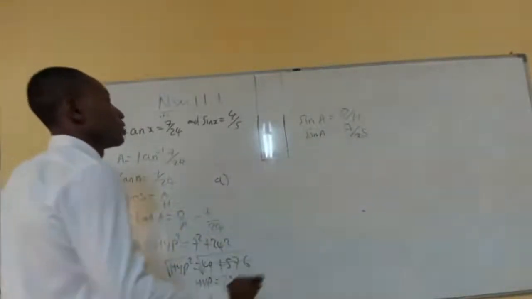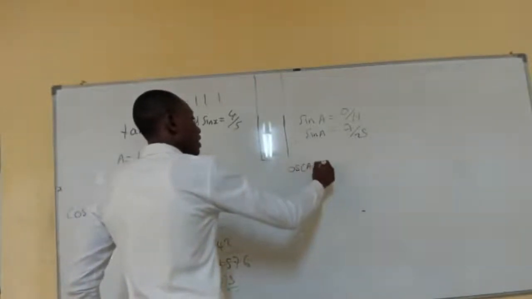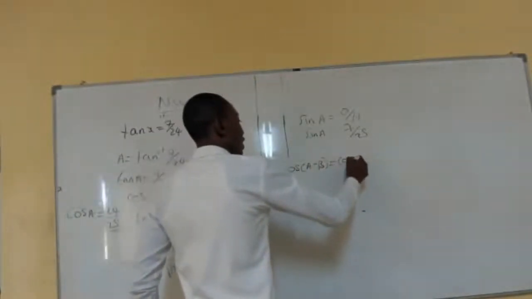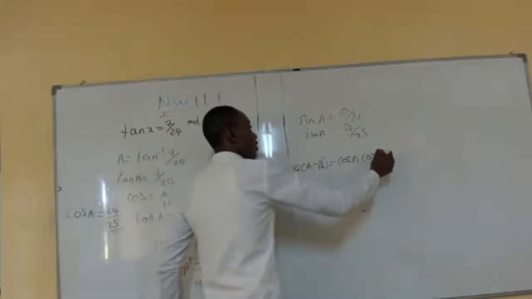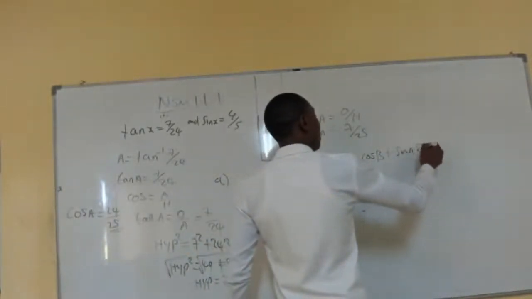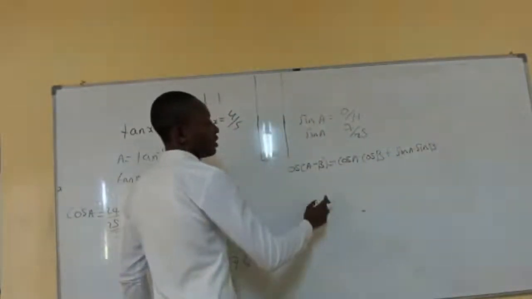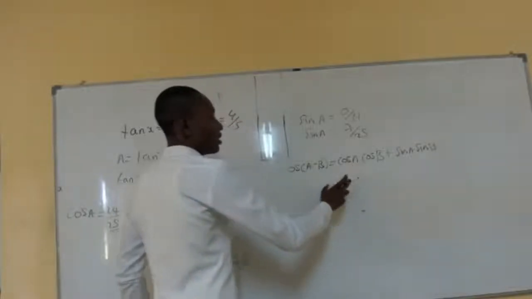As we said, cos(A minus B) is equal to cos A cos B plus sin A sin B. Then we said the cos part is equal.